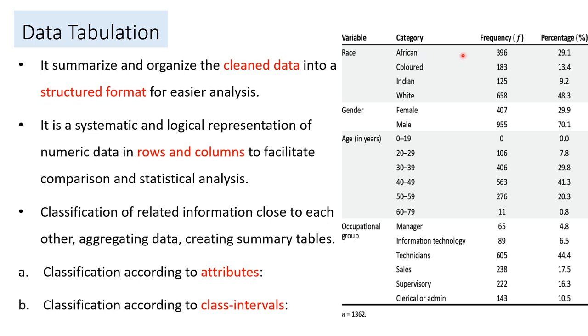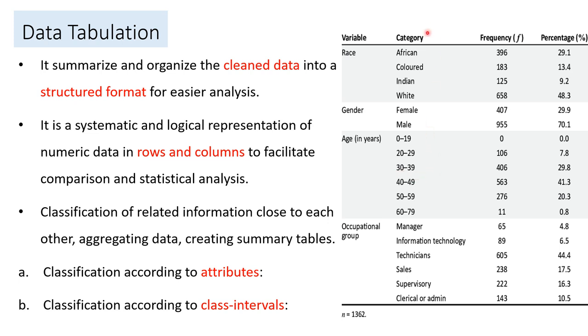For example, the African frequency is 396, the colored 183, and so on. We can also classify according to different attributes, or different class intervals. Age can be expressed using intervals like 0 to 19, 20 to 29, 30 to 39, and so on.